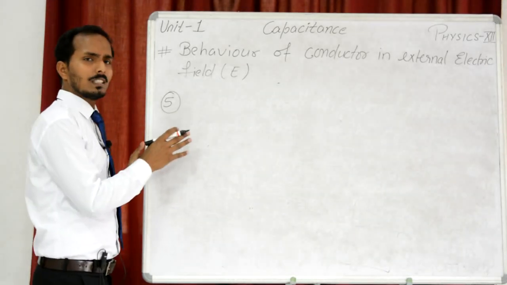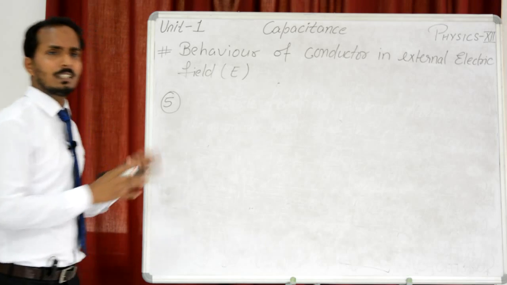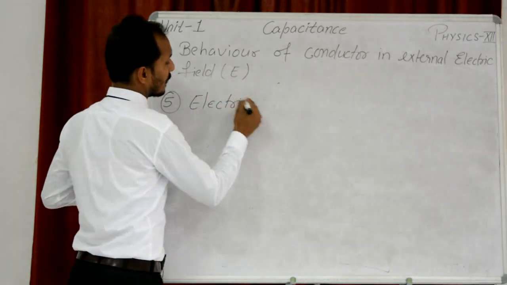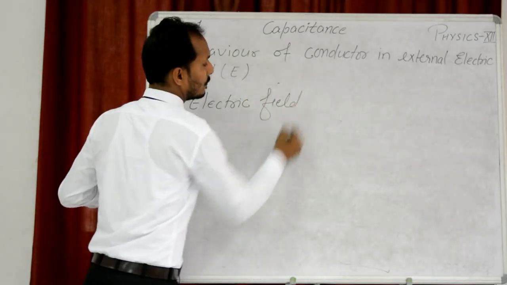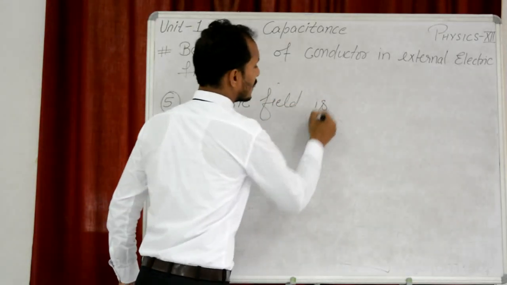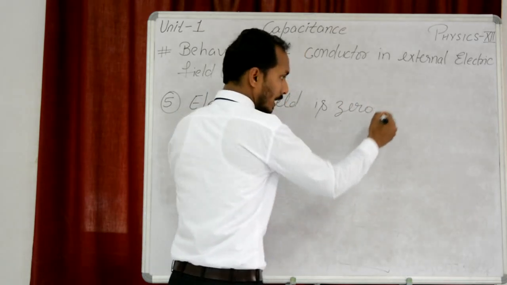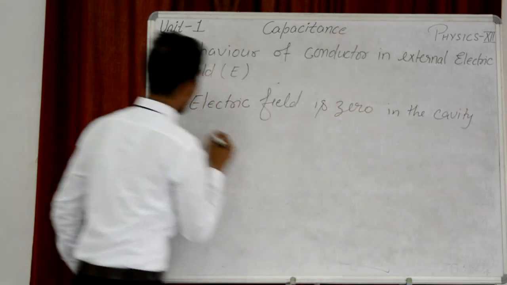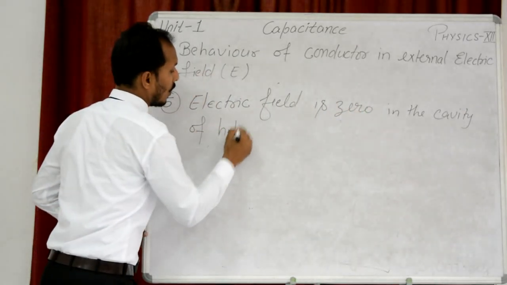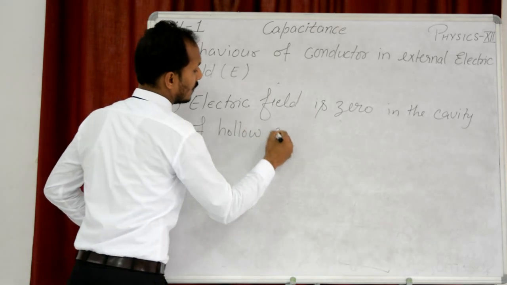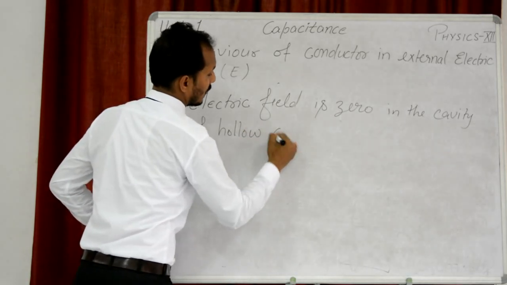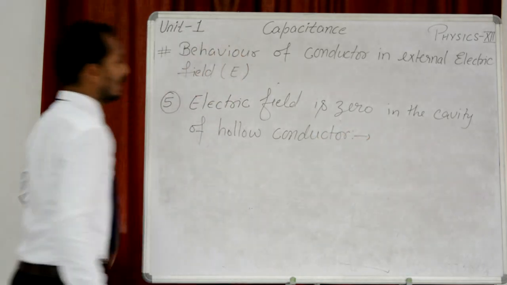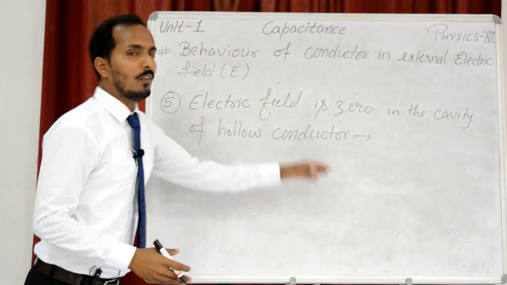Actually it was discussed earlier, but consider it as the fifth point: electric field is 0 in the cavity of a hollow conductor. Electric field is zero in the cavity of a hollow conductor.